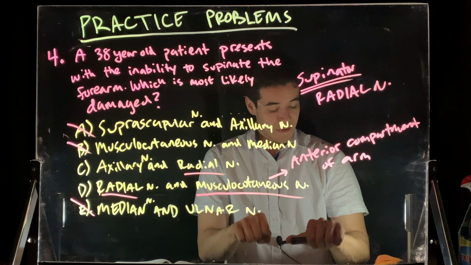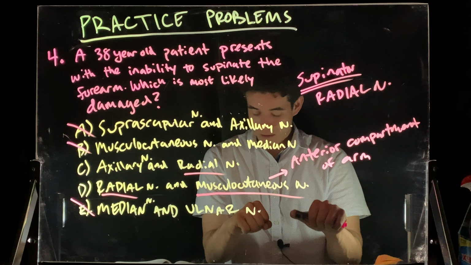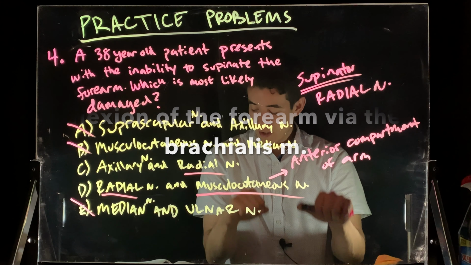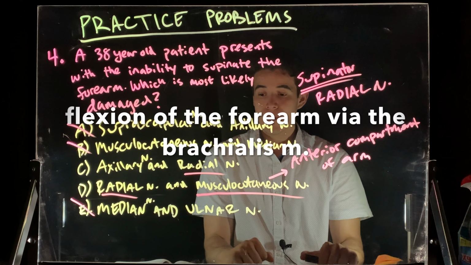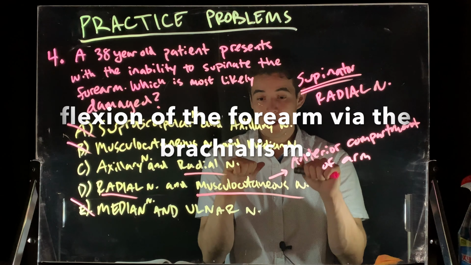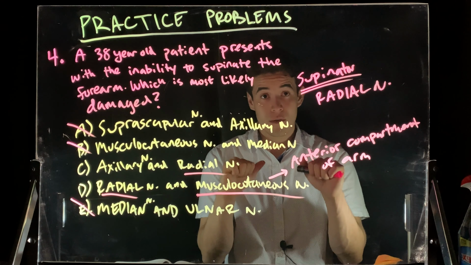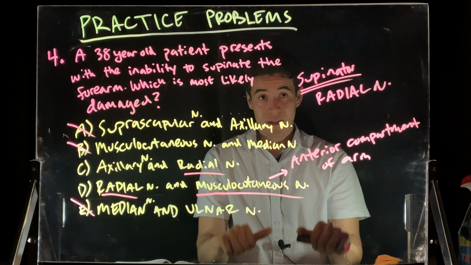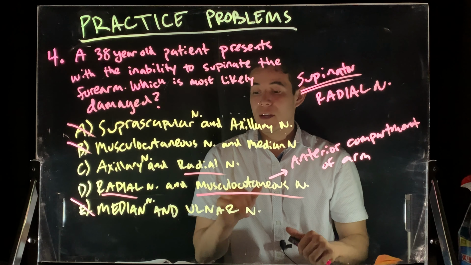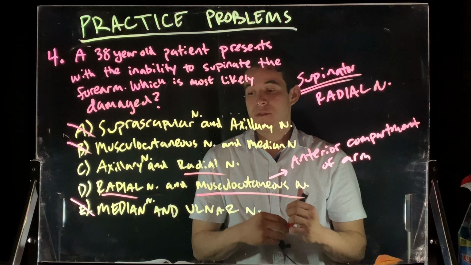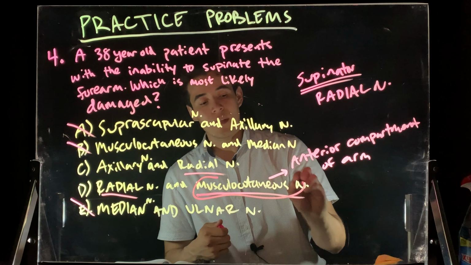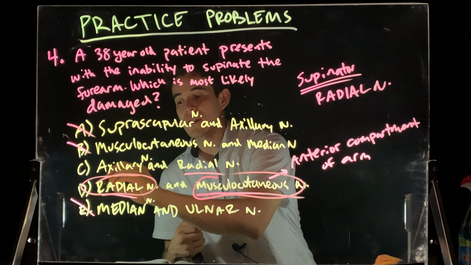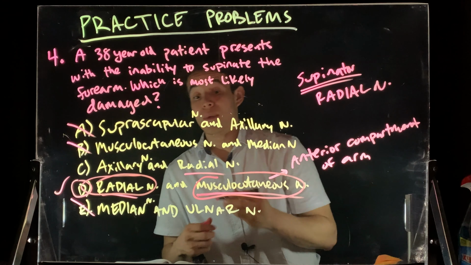Because we know that if we pronate our forearms and we want to flex the arm, the brachialis will do that function, right? If we want to flex at the elbow joint, then we're going to use the brachialis muscle. But here we're more concerned with the actions of supination, so these nerves are going to help us with those supinations. So D is our best answer choice, all right?